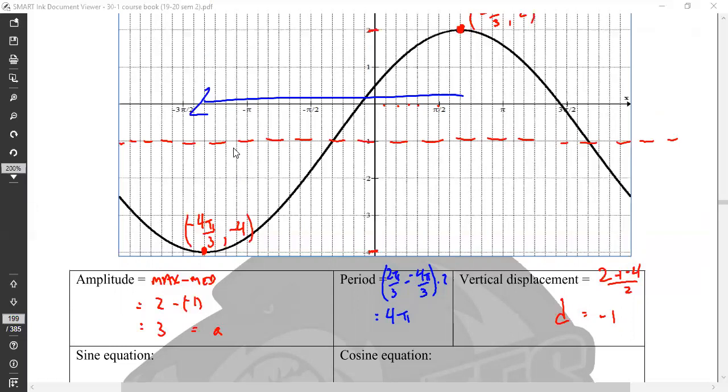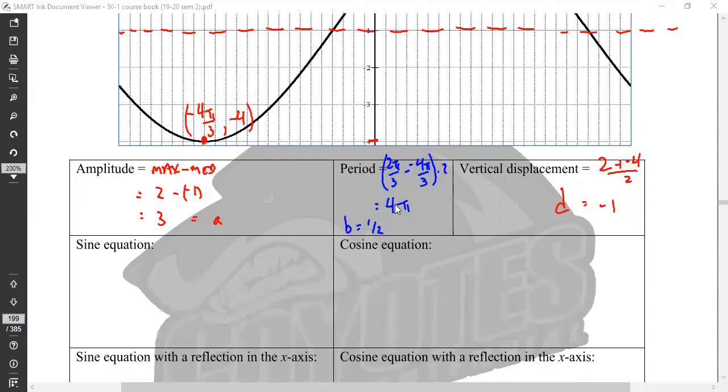There's lots of different ways of counting that out. But subtracting those 2 x coordinates will give you half of the period. So the period is 4 pi. What does that tell you that b is? B is equal to 2 pi over period. So b is equal to 1/2. That makes sense. That's a horizontal stretch factor 2.